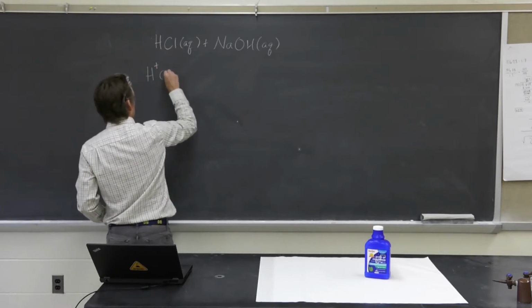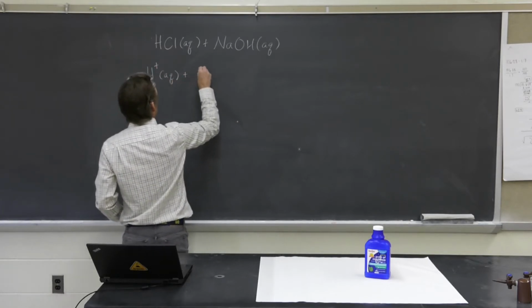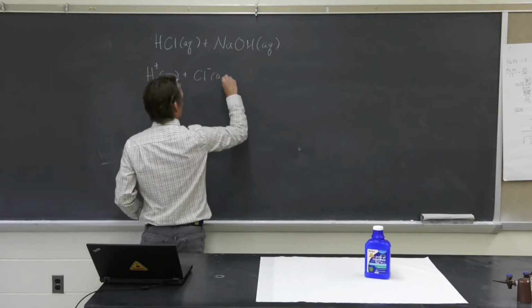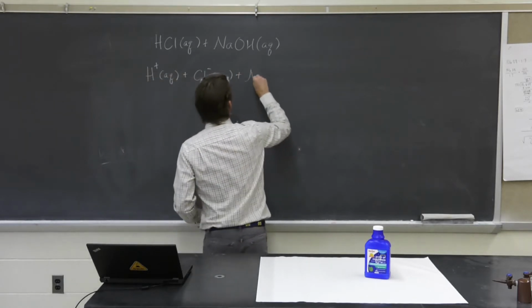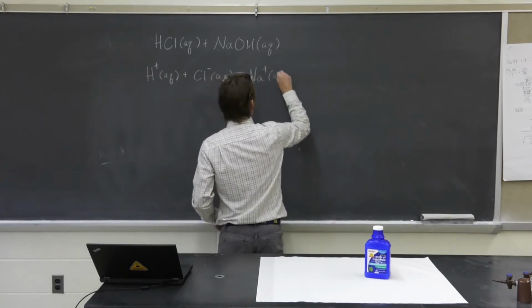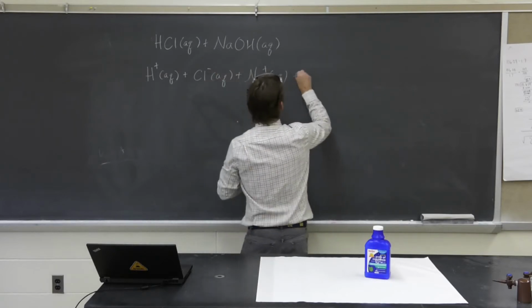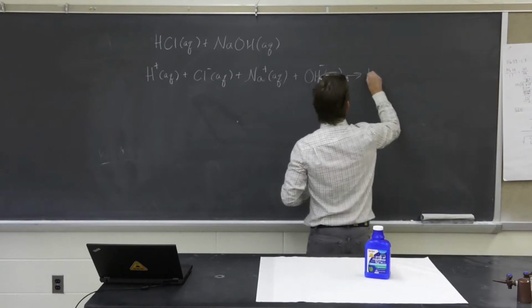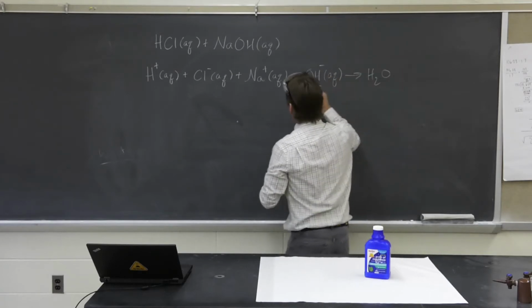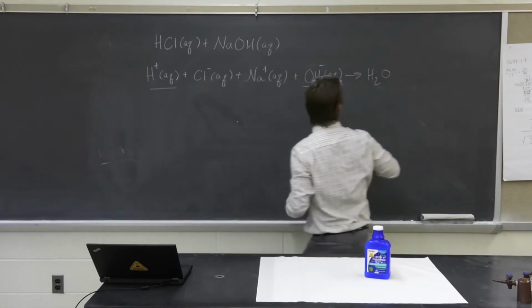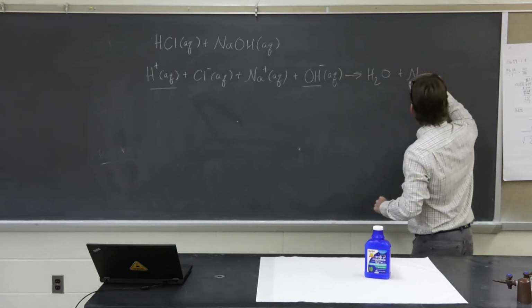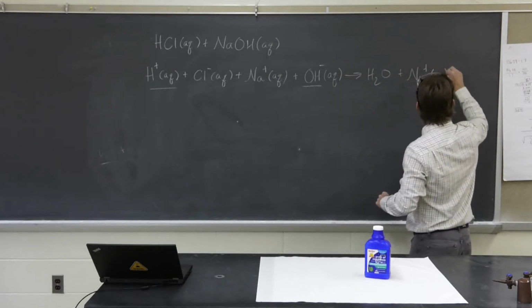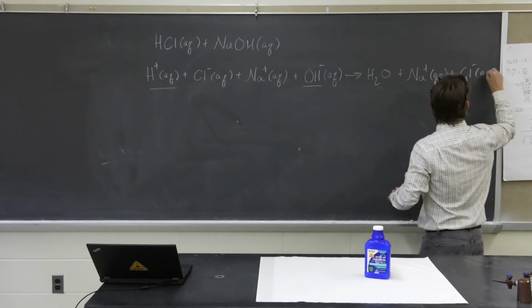So I'm going to have H plus aqueous plus chloride aqueous plus sodium aqueous plus hydroxide aqueous, and that's going to go to water. HOH is water, and we're also going to get sodium aqueous plus chloride aqueous.